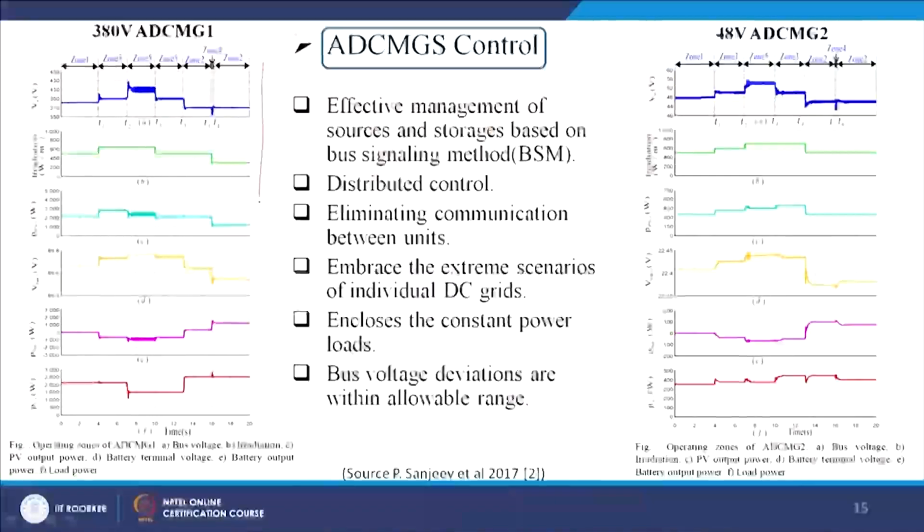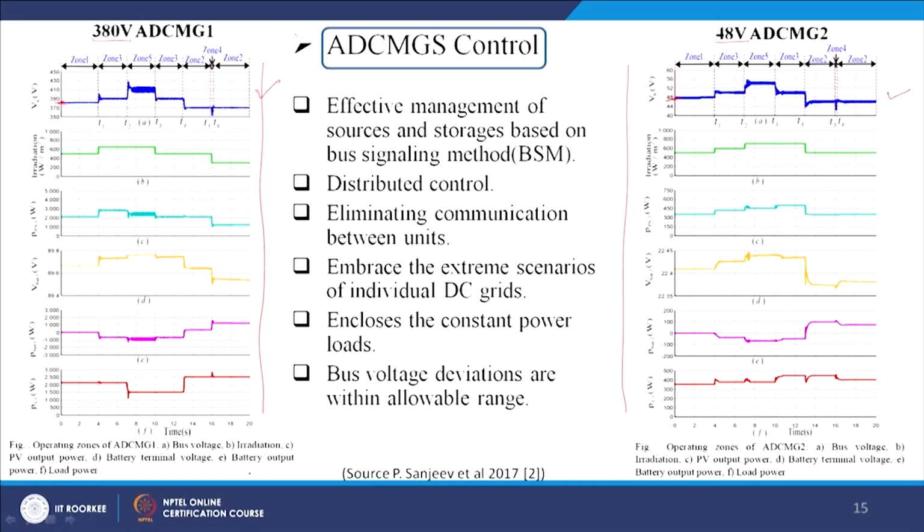Now, this is the operation of my autonomous DC microgrid 1, and this is my autonomous DC microgrid 2, operating at 48 volts and at 380 volts. We can clearly see this is my bus voltage, which is very close to 380, and this is very close to 48 volts.